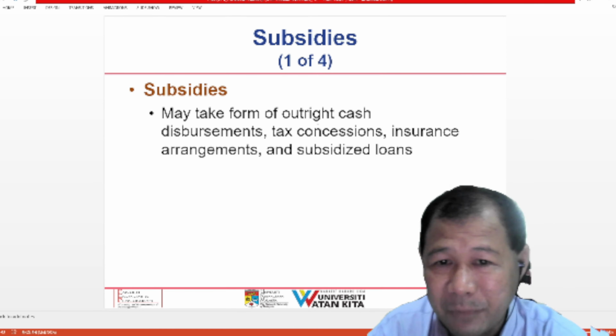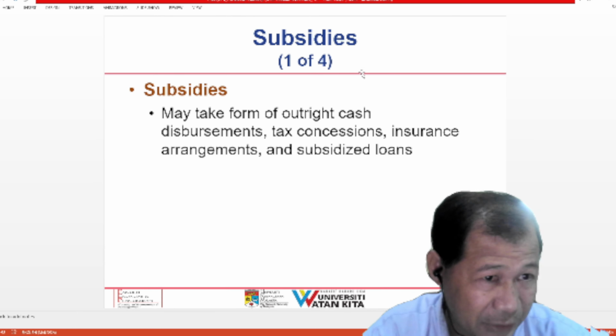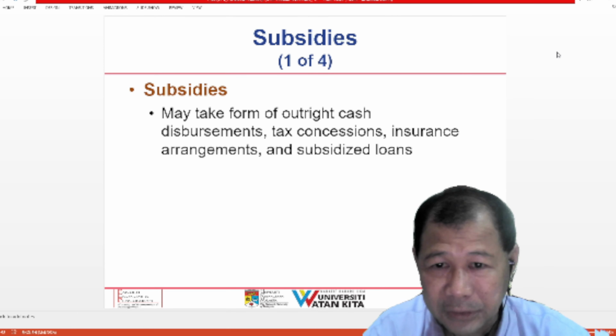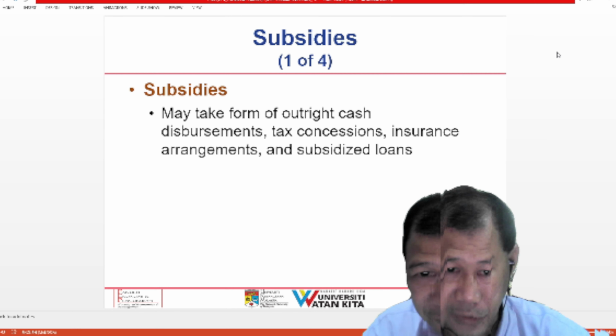Next is subsidy. It may take the form of outright cash disbursement, tax concession, insurance arrangement, and subsidized loans.